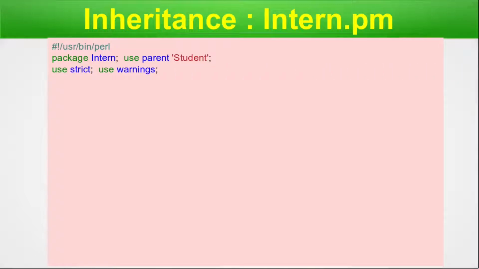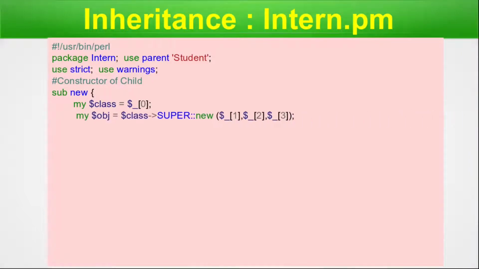Next we use the regular Perl pragmas, strict and warnings, and next we have the constructor of the child class. Here we write again sub new, and then class as usual as the first argument, and next is that object, then class, then arrow, then SUPER::new, and $1, $2, $3.